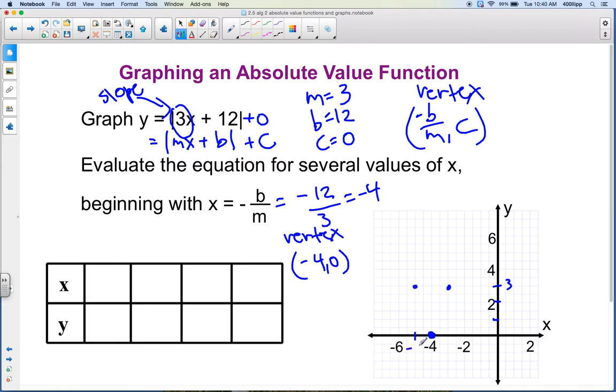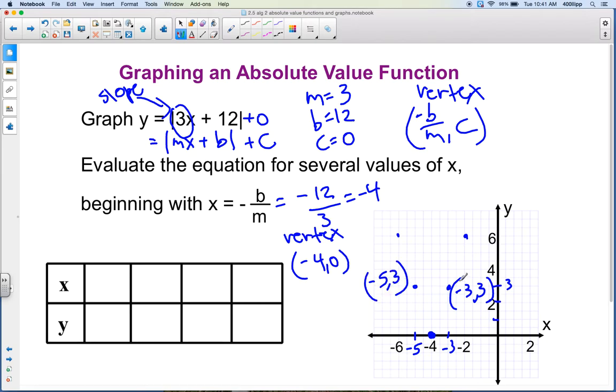I'm going up by 2, so this is a -5, this is a -3, and so on. Okay, and you can keep going the same way. So you can rise 3 and run 1, rise 3 and run 1. Okay? And you can see that this is the point -3, 3. This is the point -5, 3.